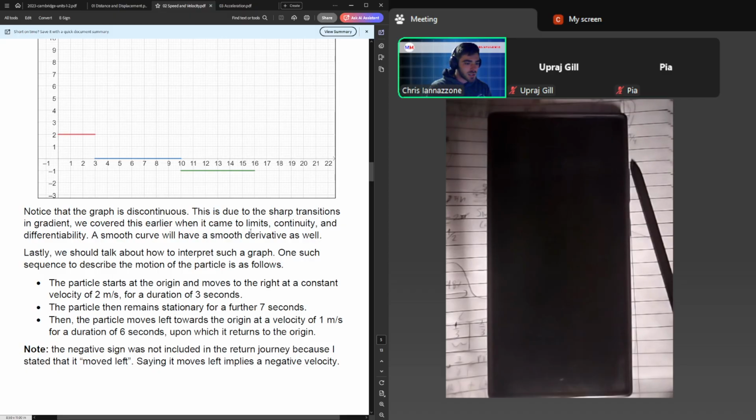As far as how to interpret the scenario, one way you could describe the motion of the particle would be as follows. Particle starts at the origin and moves right at a constant velocity of 2 meters per second for a duration of 3 seconds. So talking about position, direction, speed or velocity, and then the duration over which that particular insight is valid.